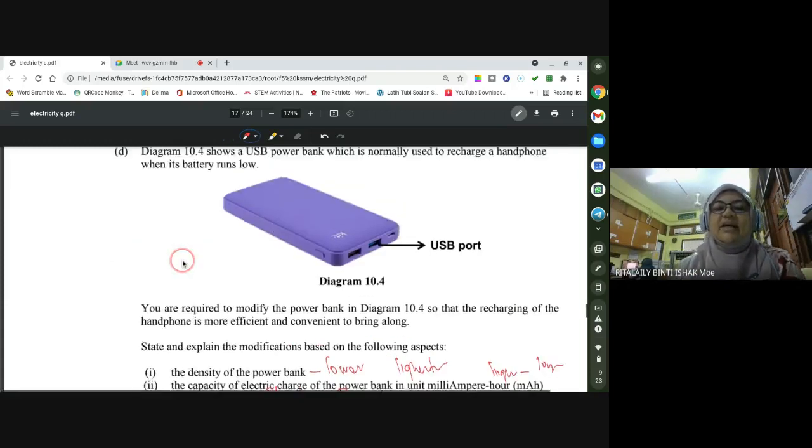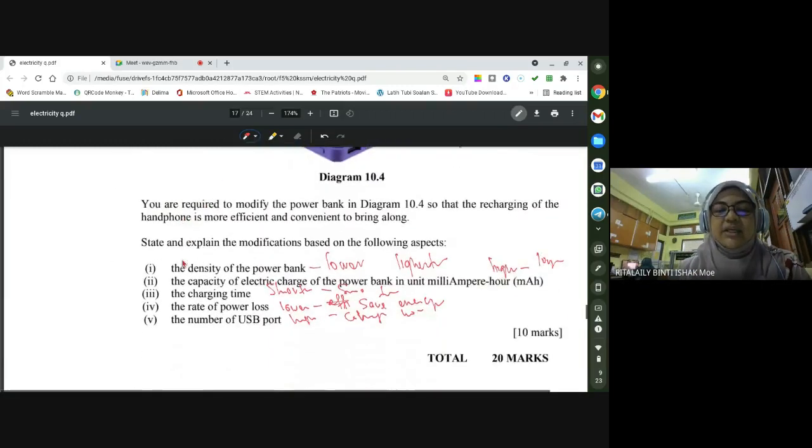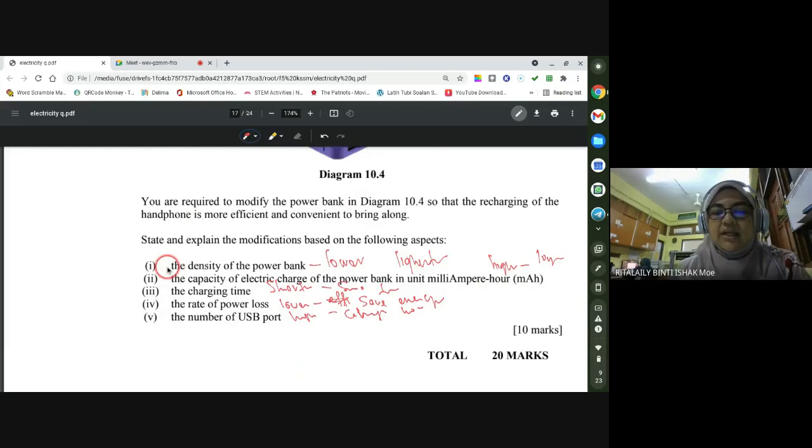So this is an essay question. For D, density of power bank, we need lower density so that it will be lighter and easier to carry. The capacity of the electrical charge of the power bank, we need a higher capacity so it can be charged more and used for a longer time.